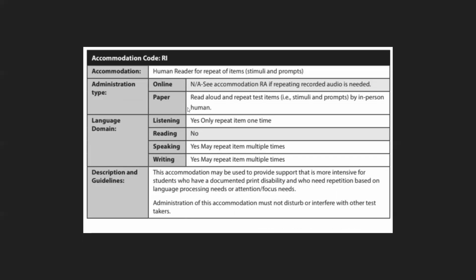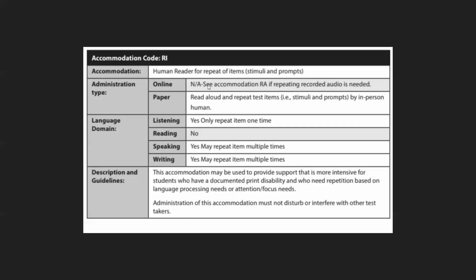The next one is, once again, it says online, this is not applicable. See accommodation RA if you need to repeat audio. And this is for human reader of repeat items.